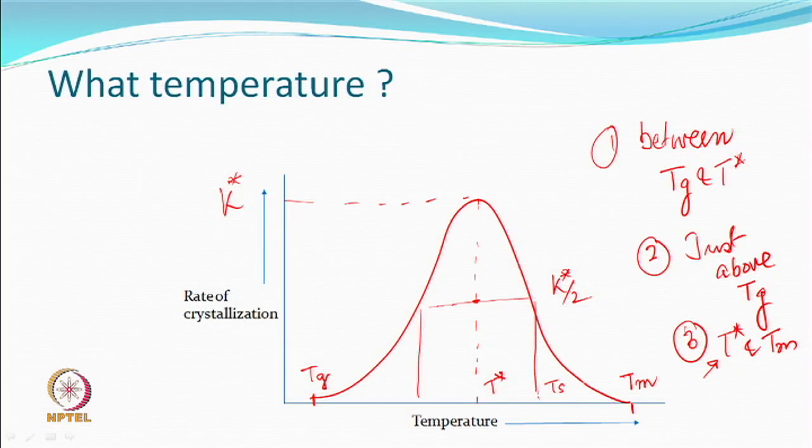So, if we look at the temperature of the heater, for the time being we are not happy with this. In some sense it will be between the softening temperature and T star, generally maybe.